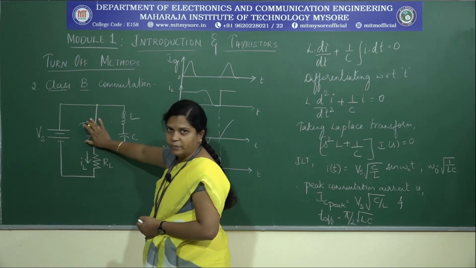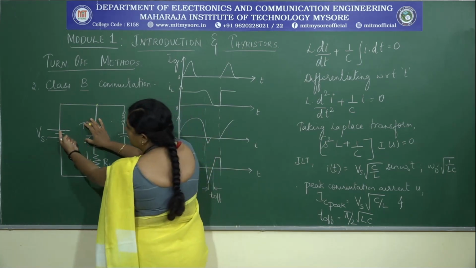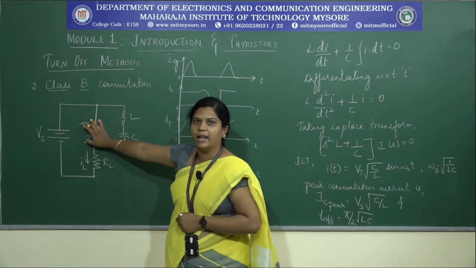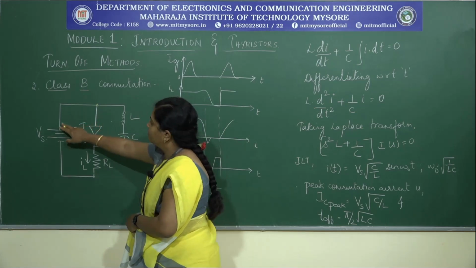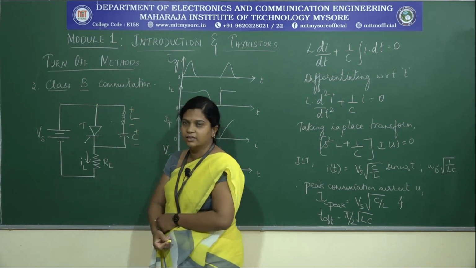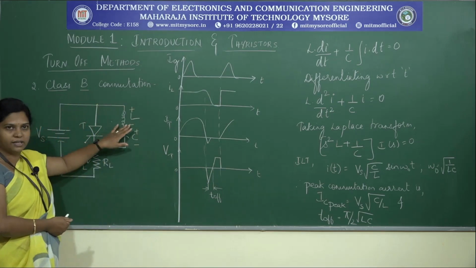Off means this is an open circuit condition. So what is going to happen? The voltage that is applied here is going to follow the path through L and C. As we know, L and C are energy storing devices.